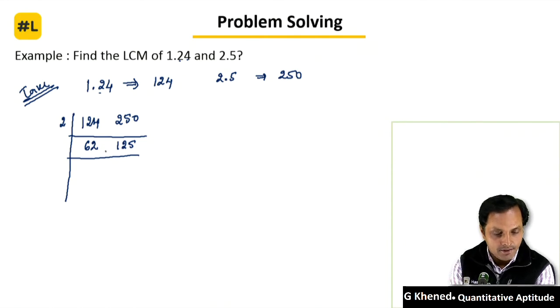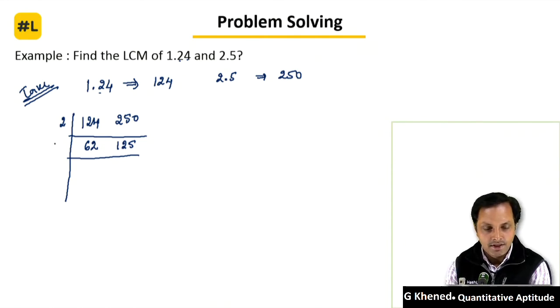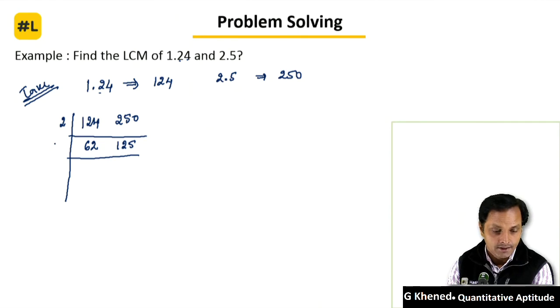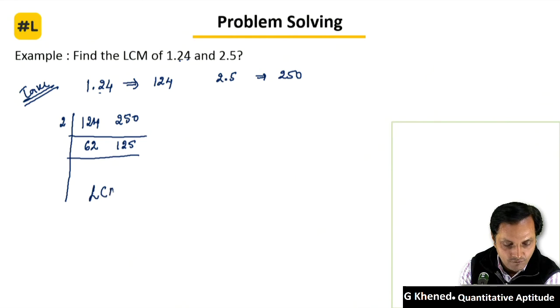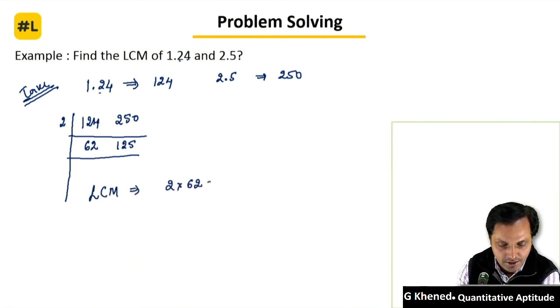Is there any other number which will divide 62 and 125? No, you won't have any common number which will divide 62 and 125. So therefore your LCM will be equal to 2 into 62 into 125.